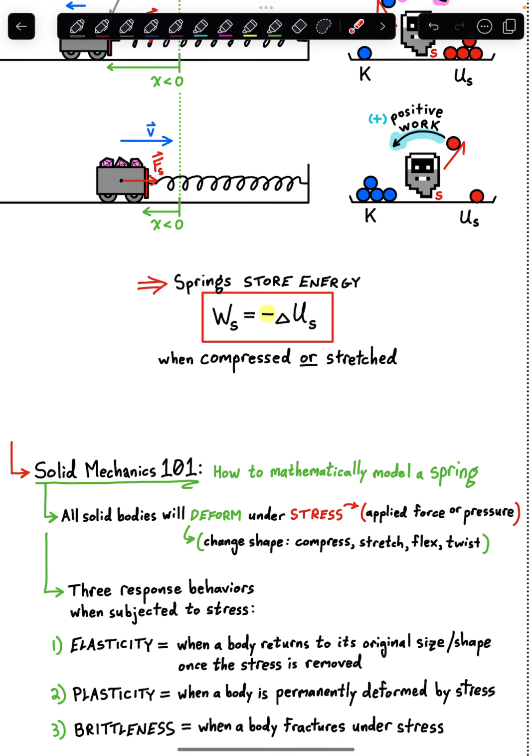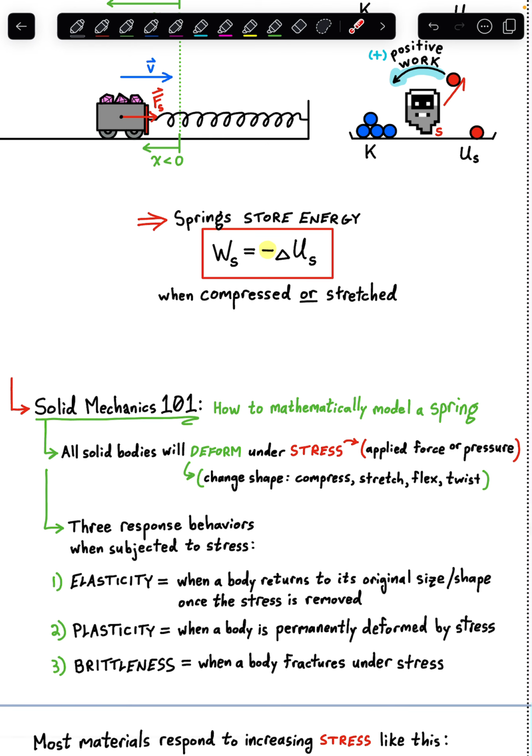And there are three response behaviors when subjected to stress. Elasticity is when a body returns to its original size and shape once the stress is removed. It rebounds back to how it was once you remove the stress. That's elasticity. Think of an elastic rubber band. Plasticity is when a body is permanently deformed by stress.